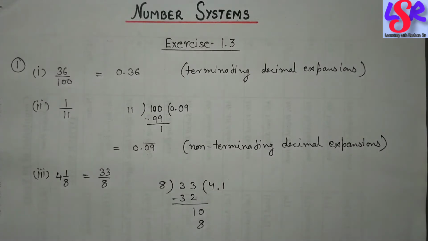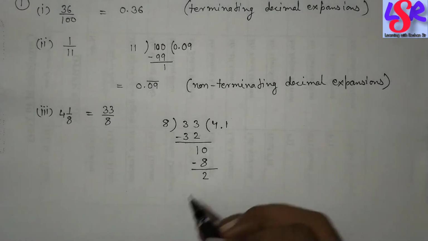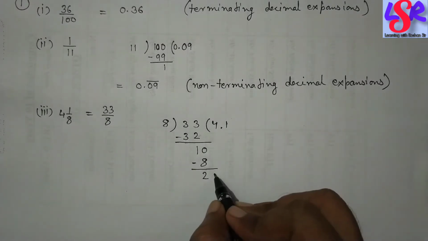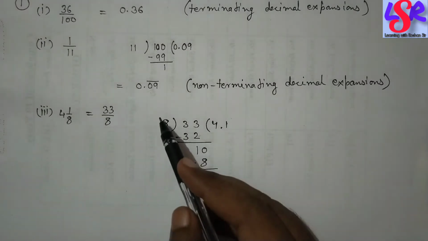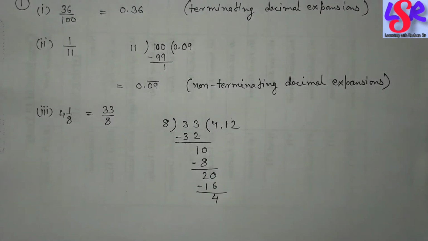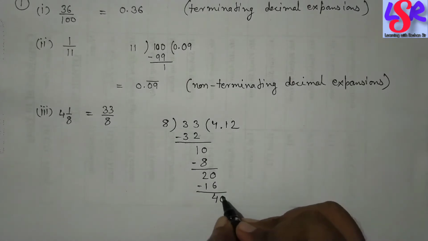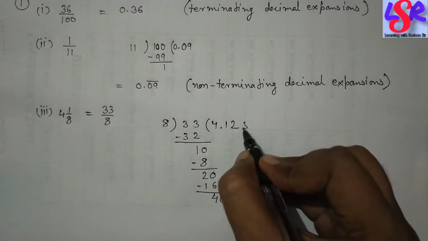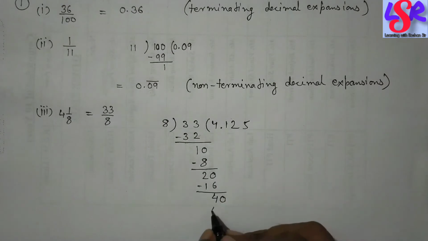Then on subtracting we have got 2, then with the help of the decimal we can increase one 0, and 8 twos are 16, and here we get 4 as the remainder. Now again a 0 will be added due to the decimal point, and 5 times 8 we get 40, and as we get the remainder 0, therefore this is a terminating decimal expansion.